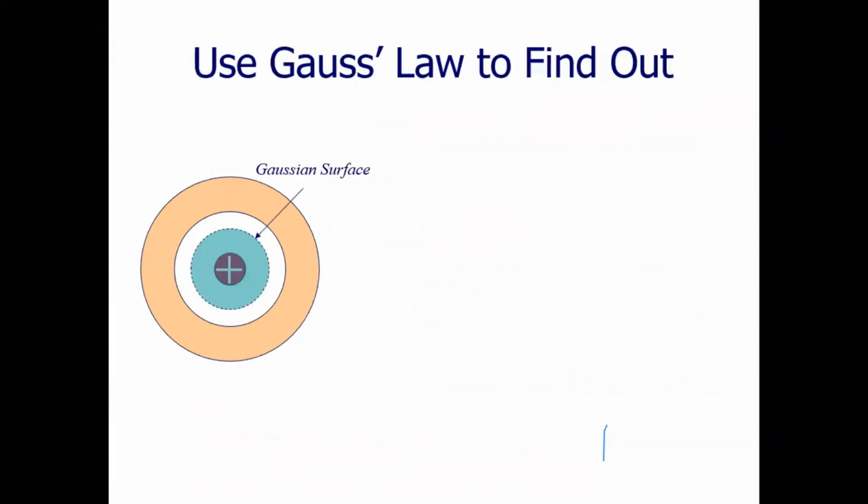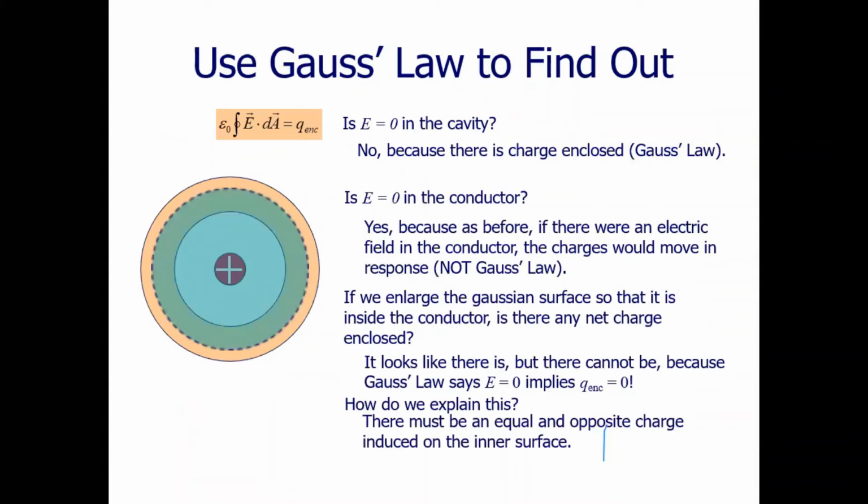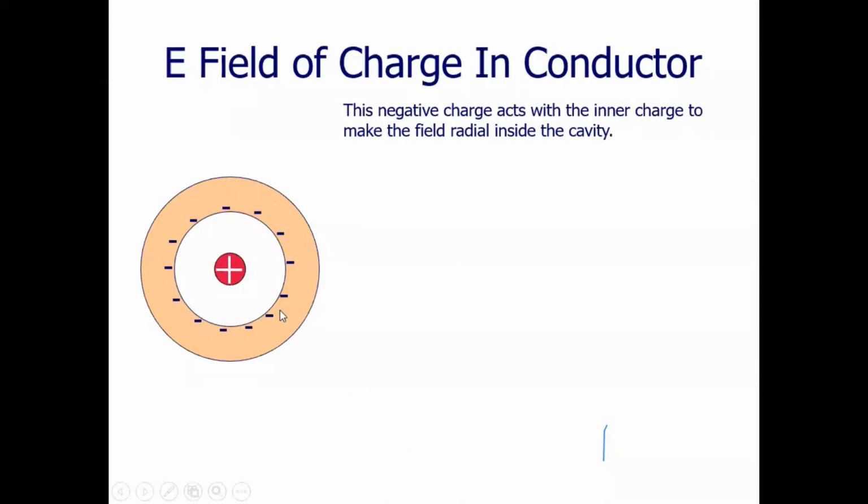At that point, the main thing that came out was that another charge will be induced. Because of this positive charge that is enclosed in a conductor, it will induce a negative charge around it, and using the argument of Gauss's principle, we convinced ourselves that the charge will be induced in such a way that inside the cavity there will be an electric field, coming from this positive charge that is enclosed and the other charge that has been induced.